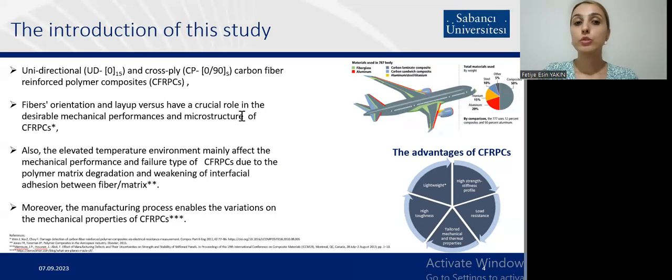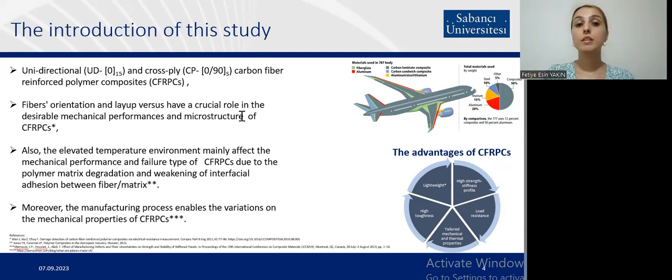I used two different types of fiber orientation: unidirectional 0 degree and cross ply 0 and 90 degree carbon fiber reinforced polymer composites. As I mentioned before, fiber orientations and layups have a crucial role in the desirable mechanical performance and microstructure of composite materials.